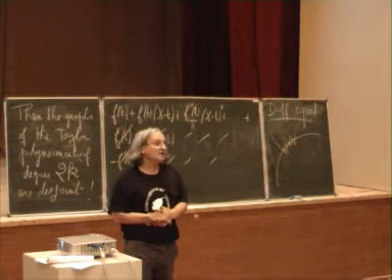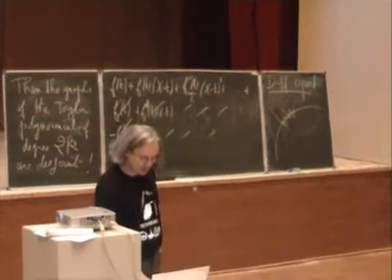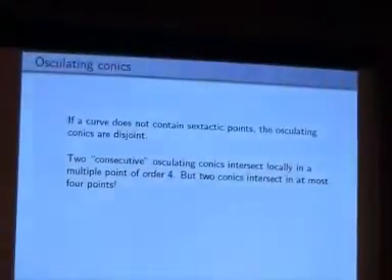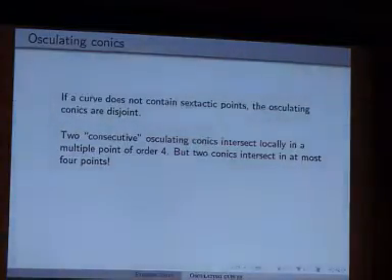How do we prove that? Well, if you take 2 consecutive osculating conics, locally they intersect in a point of order 4. But 2 conics intersect in at most 4 points, so they don't intersect at all.